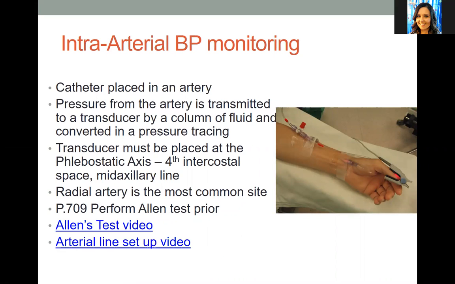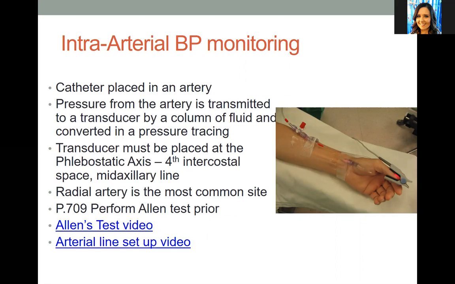Another invasive device that we use is an intra-arterial blood pressure monitoring catheter, or you may just hear it called an arterial line or A line for short. But it's a catheter that's placed in an artery. It's kind of like an IV, but instead of placed into a vein, it's in an artery. The angiocath part of it, the tip, is a little more stiff than a traditional IV.